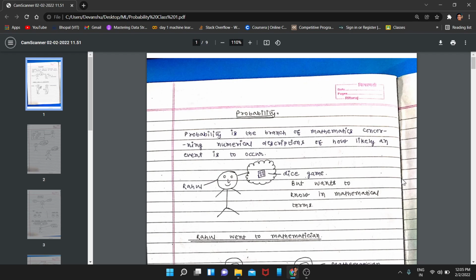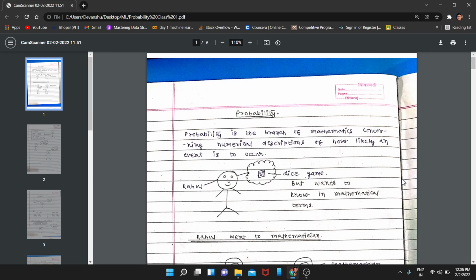But he is interested in the mathematics of how all these events occur, why 5 is coming, why 6 is coming, and what the possibility is that 6 will come out. So is there any way that I will win the dice game every time? Rahul is that kind of person.